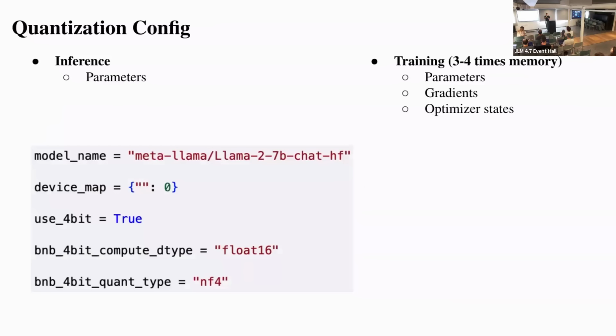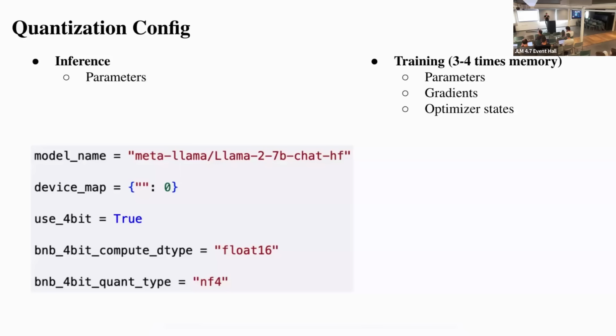As you can see, we can have different precision for the computation. And the last thing is the quantization type. There are two types, FP4 and NF4. NF4 is more advanced, and it means to normalize the values of the parameters before quantization, and it's for more stable quantization.